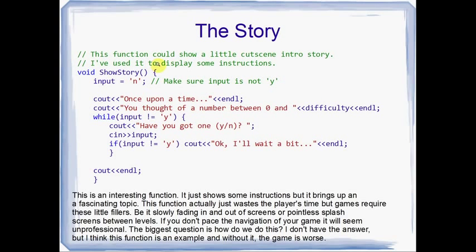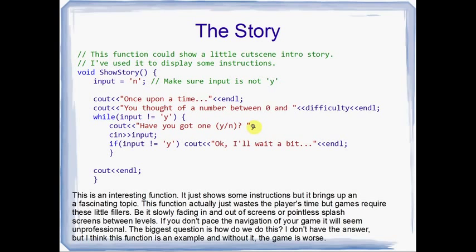Okay, so the story. I've not actually made a story for this game. I mean, there's no real story going on, but this is just another one of those spacing out screens that you want to put in certain places. So the structure of your game is really important as well. There's a lot more to a game than just that game loop, and you'll often need things like do you really want to quit the game screens, or maybe a HUD, heads up display.